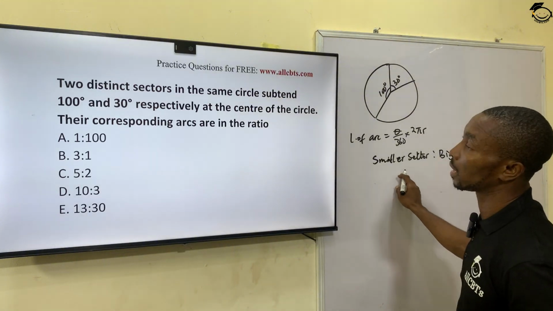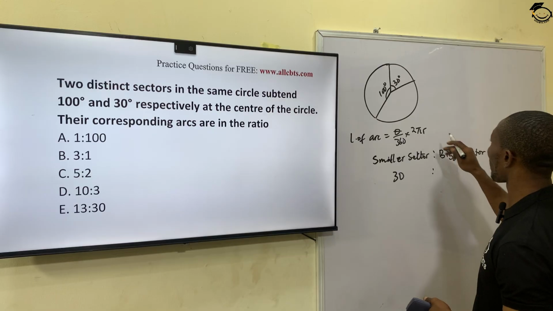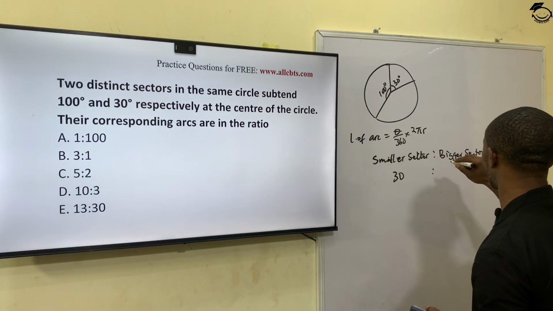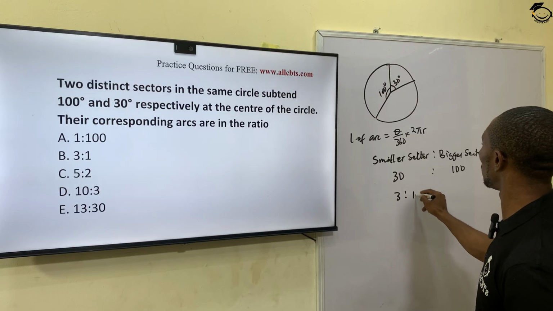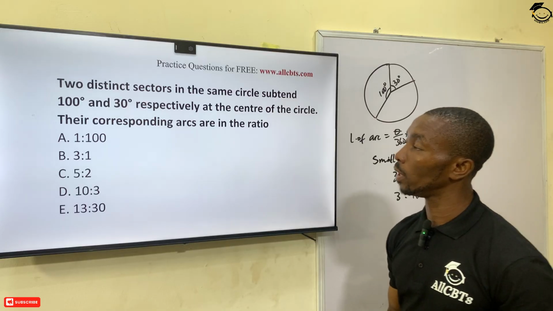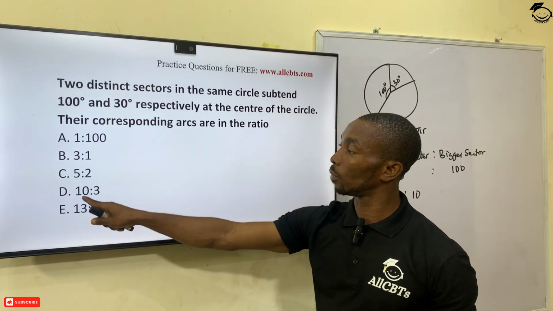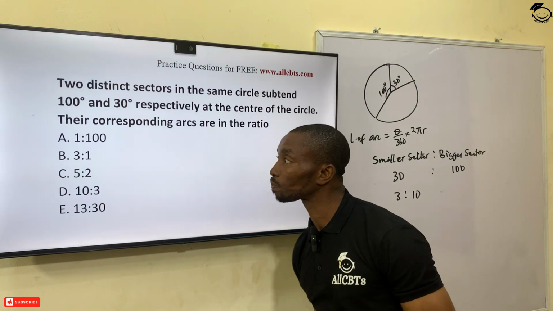And the angle of our smaller sector is 30, and the angle of the bigger sector is 100. So when broken down, that gives us 3:10. So their corresponding ratio would be 10:3. That is for bigger sector and smaller sector.